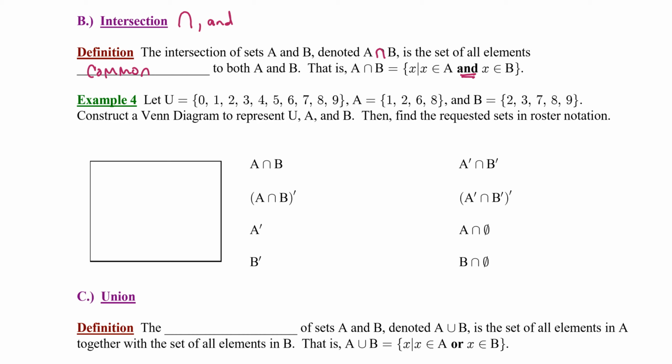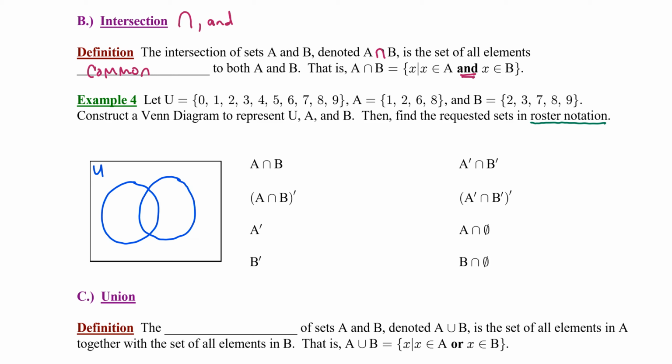So remember, roster notation simply means we're listing all of the elements separated by commas within curly braces. So on our Venn diagram, the rectangle, every point in the rectangle represents a member of our frame of reference, our universal set. We're going to have two subsets this time, sets A and B, and we're going to draw them so that they overlap so we can illustrate what they have in common.